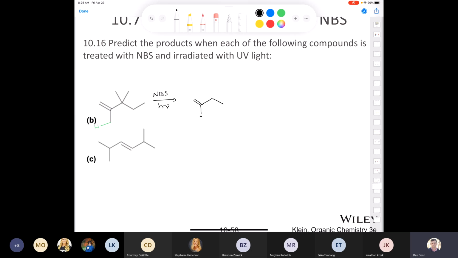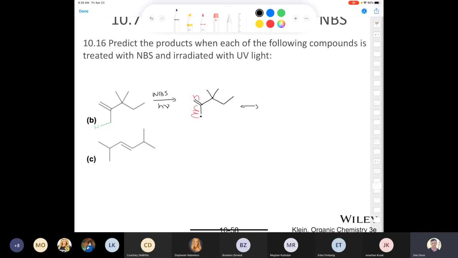Is this resonance stabilized? The answer is yeah, absolutely it is. If we draw the resonance contributor, it's going to look something like this. Let's draw it out.